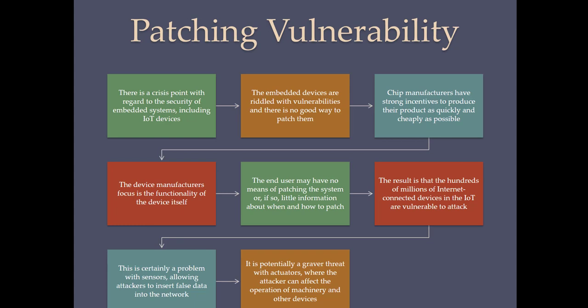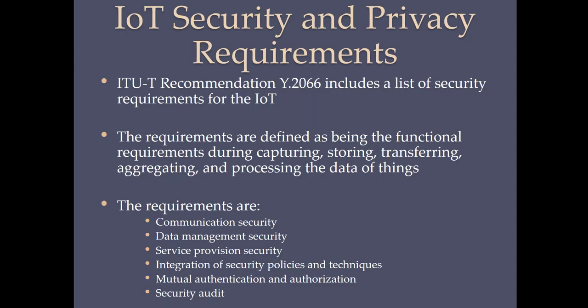Also, if we now look at the IoT security and privacy requirements, you will find that the ITU has recommendations for security. Mainly the requirements are defined as functional requirements during capturing, storing, transferring, aggregating, and processing data. So you have a lot of stages for the data, and you have to make sure that you are securing data through all these stages.